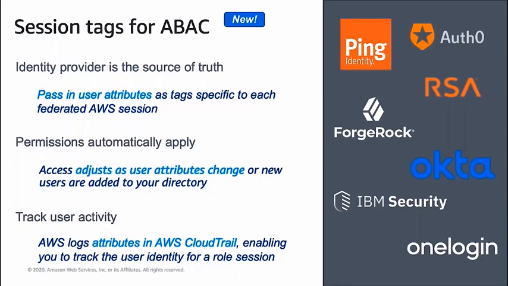With session tags, we configure the IDP to add specific user attributes to the SAML assertion. And IAM takes these attributes from the assertion and then tags the user's session with them. So these attributes become the principal tags for that session.